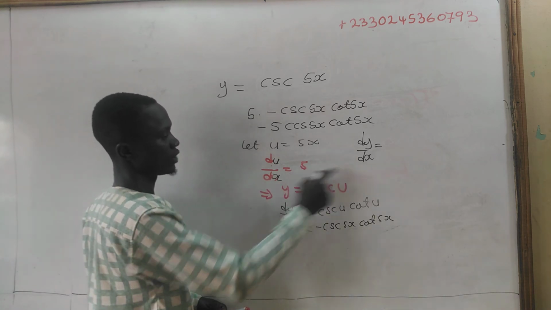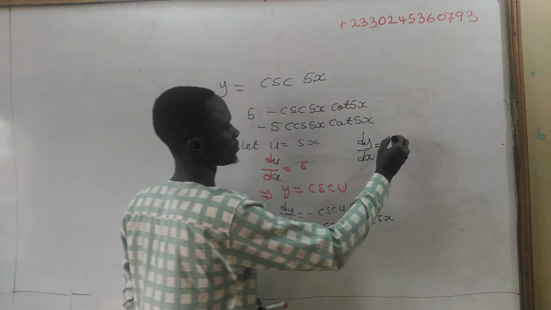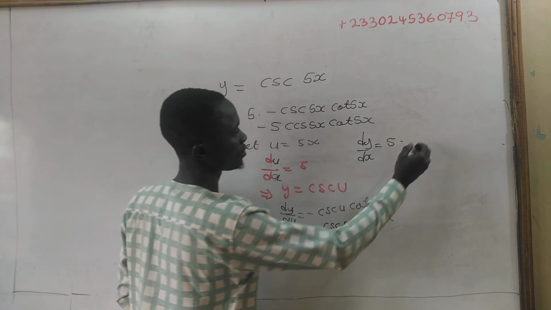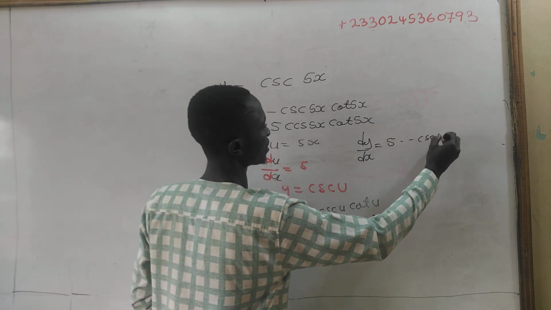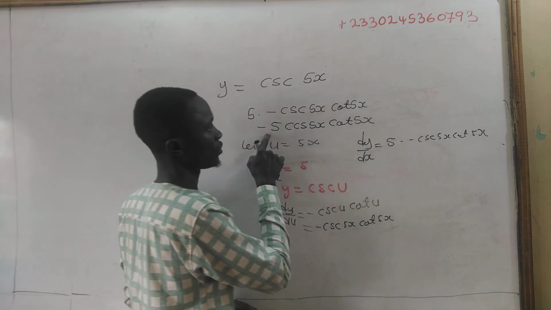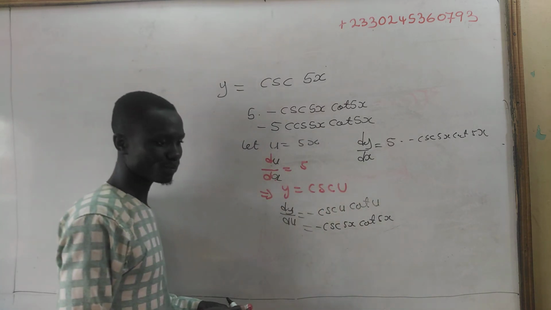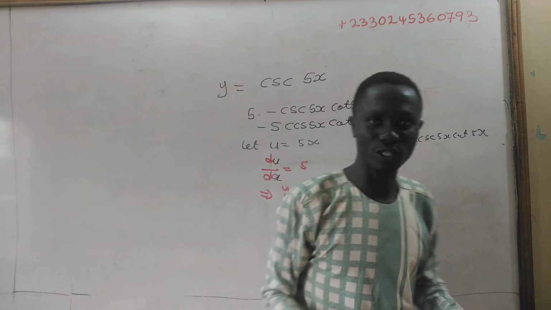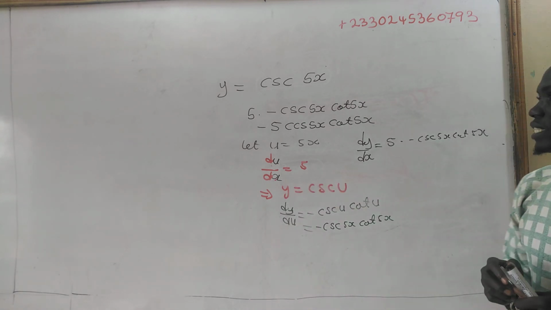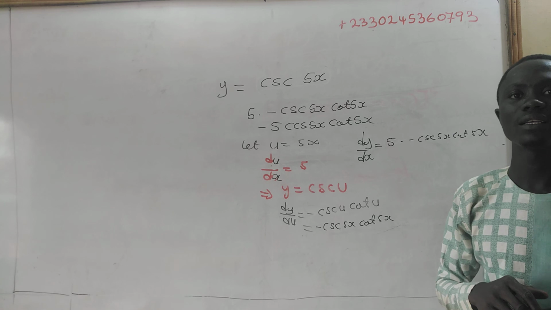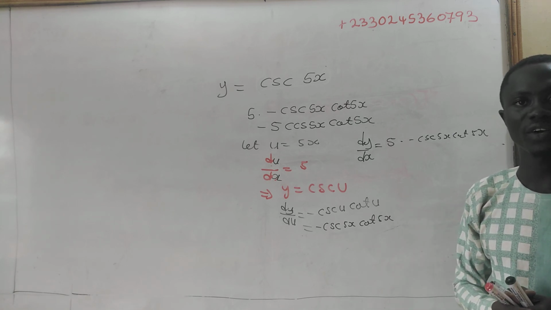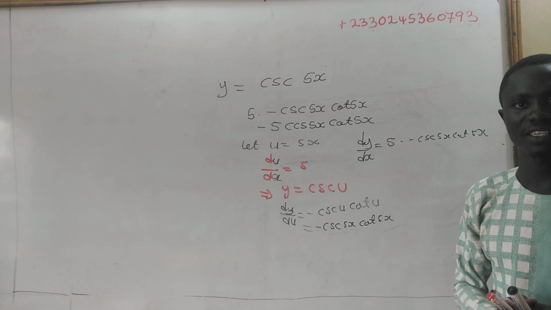So dy dx will be 5 times dy du, and this is what we have: minus 5 cosecant 5x cotangent 5x, and that is what we've done here already. So that is the shortcut way of differentiating using the chain rule, or the function of a function rule, or the composite function rule.